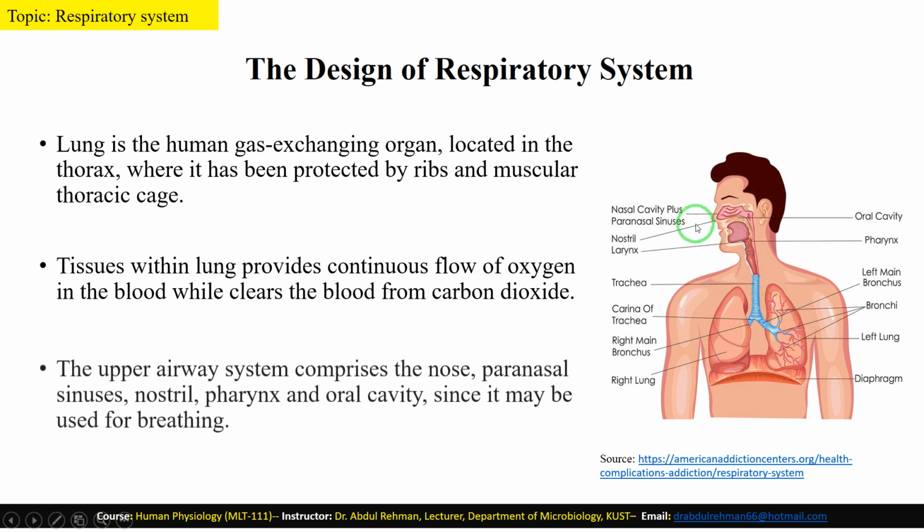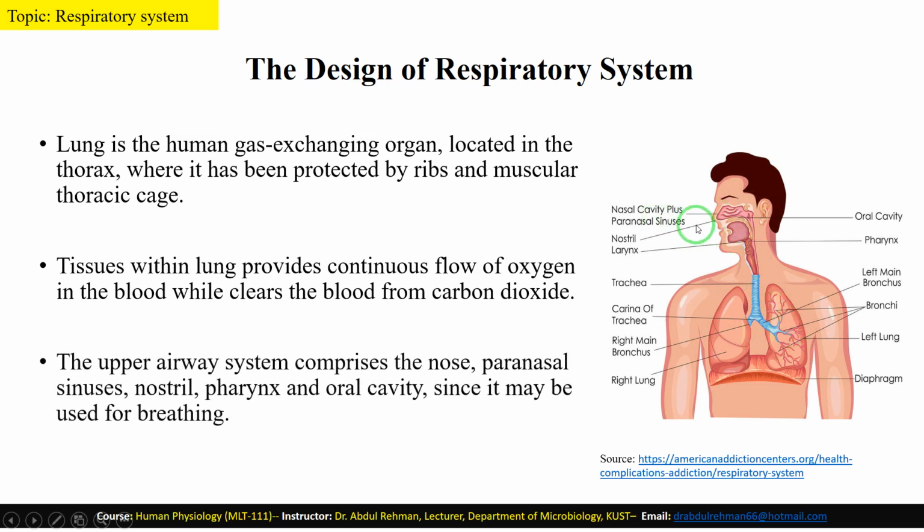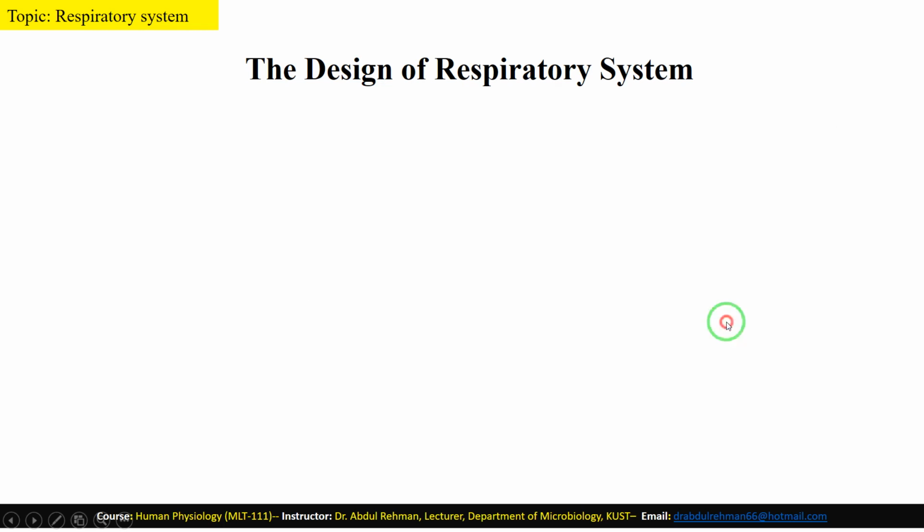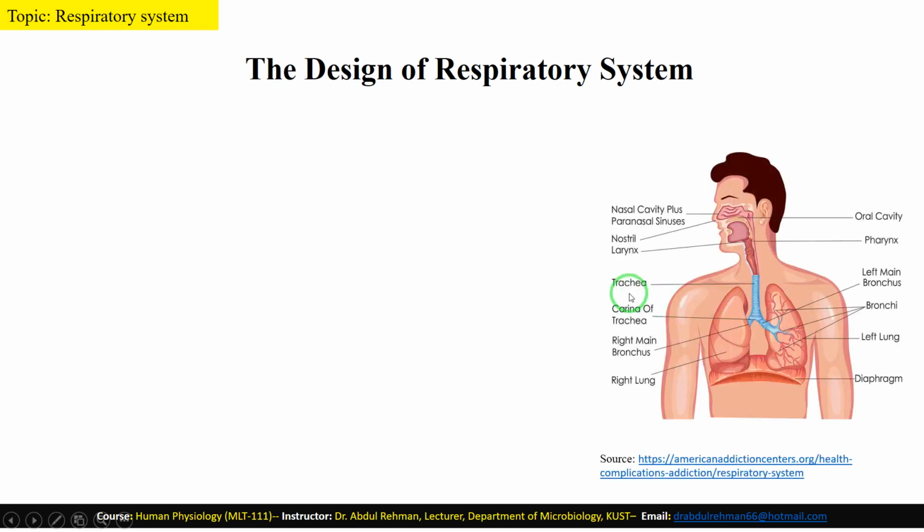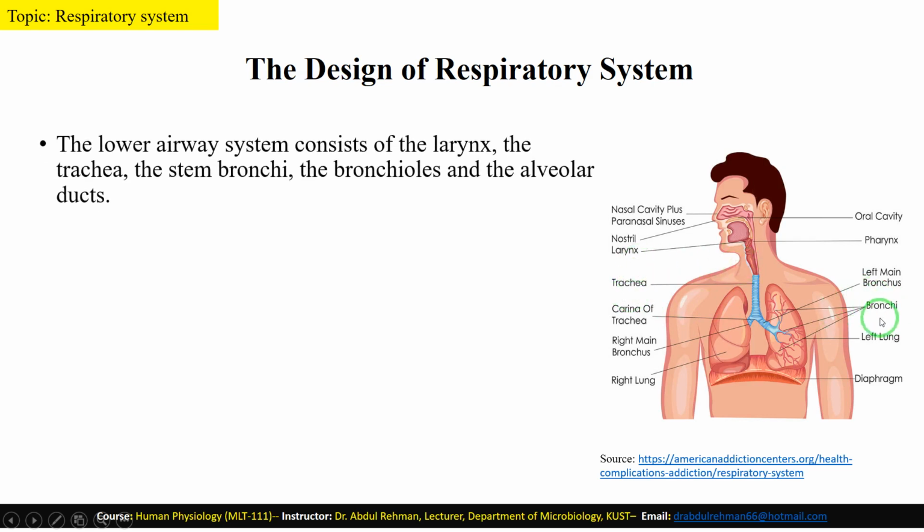The upper respiratory way contains nose, nostril, paranasal sinuses, oral cavity, and pharynx that play a role in breathing, while the lower respiratory system contains trachea, larynx, stem bronchi, bronchioles, and alveolar ducts.